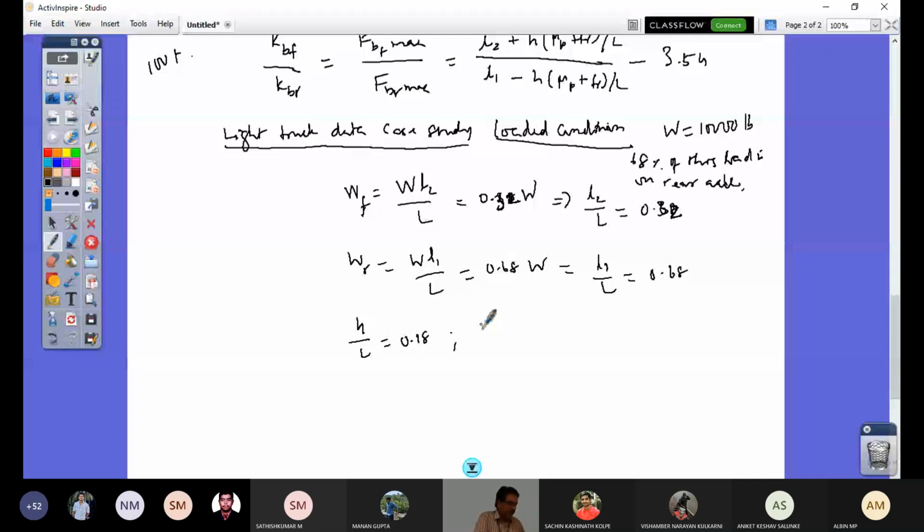The rolling resistance coefficient is 0.01 for this vehicle, and so these are the data given.